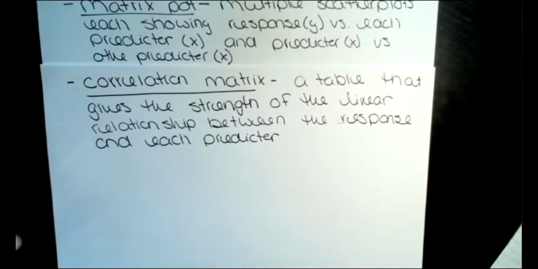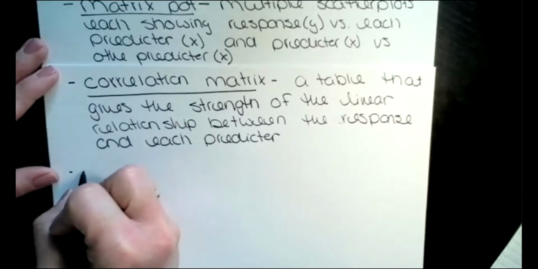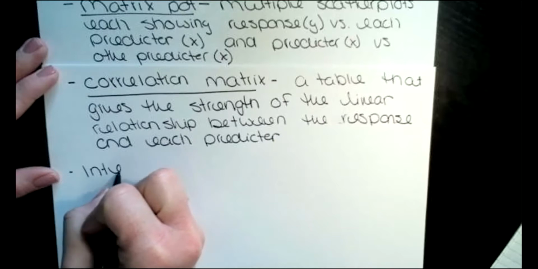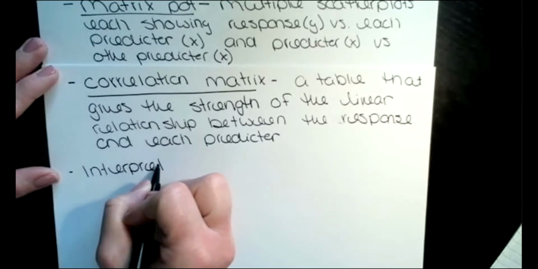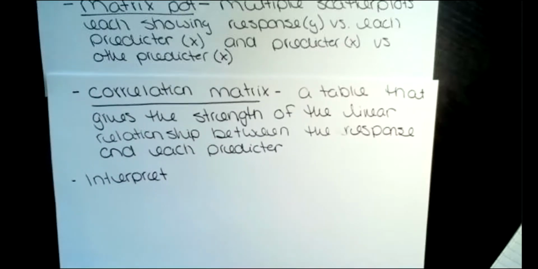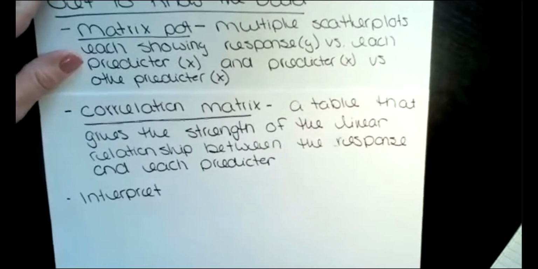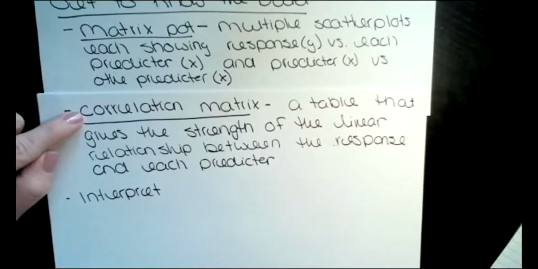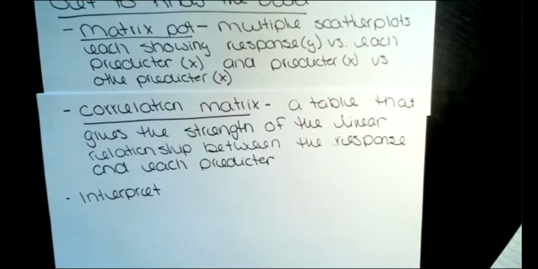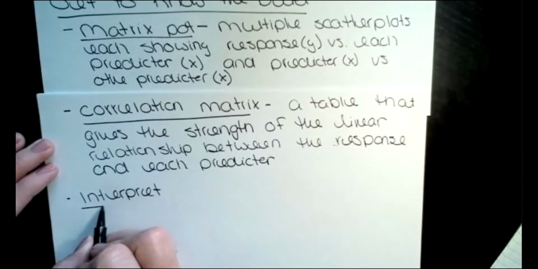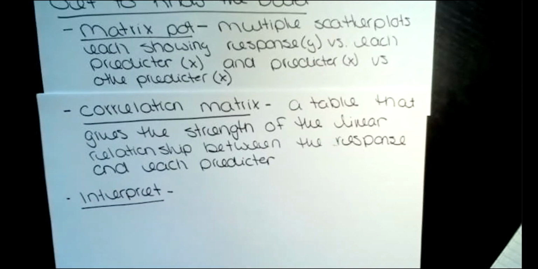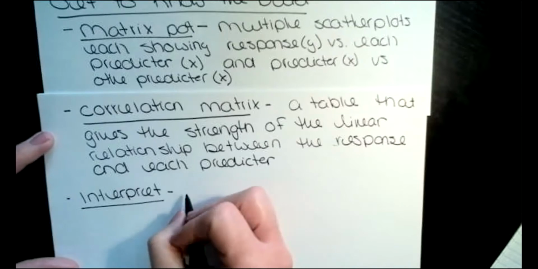Okay. Then of course we're going to interpret this. So when I ask you to interpret your scatter plot and your correlation, I don't want you to interpret all of them, because if you have quite a few predictor variables and you've got a lot going on, we don't want to talk about them all. We just want to talk about the strongest relationship.